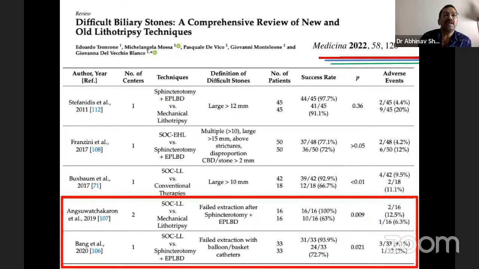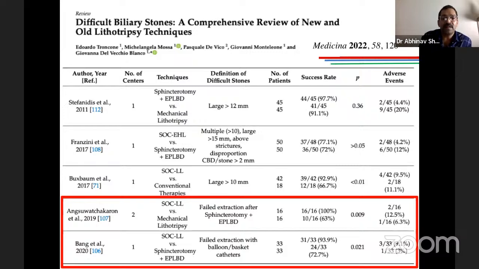Now, for difficult biliary stone, this is a comprehensive review of new and old lithotripsy techniques. The last two columns which I have highlighted are important because these two studies pertain to utilization of these techniques in failed conventional therapy using sphincterotomy and biliary balloon sphincteroplasty.